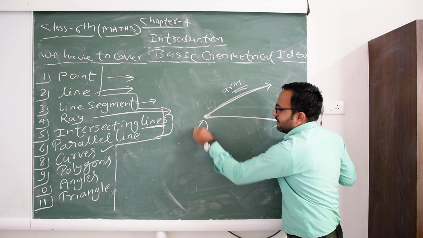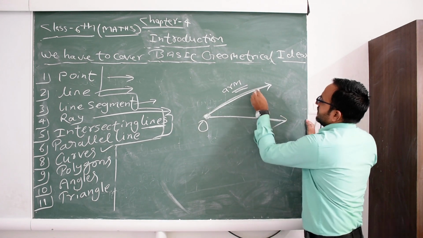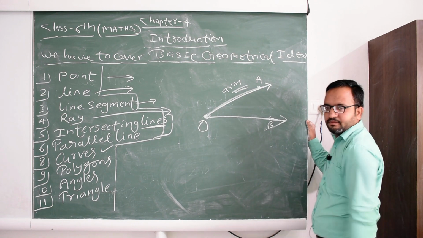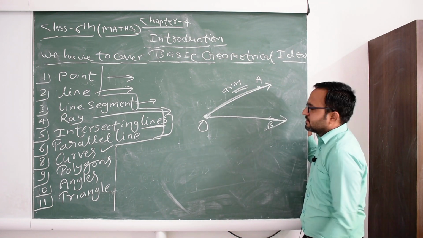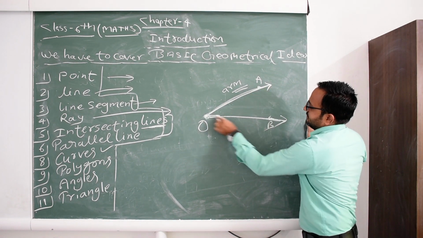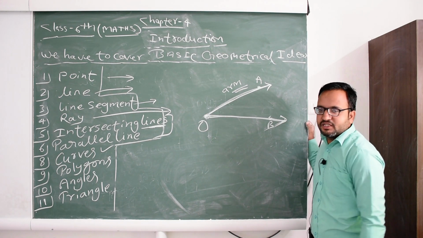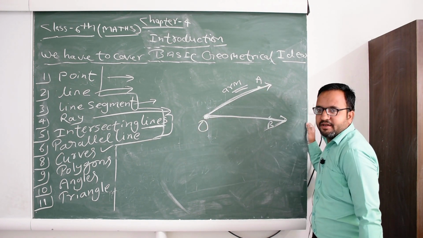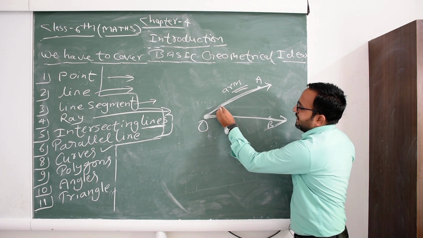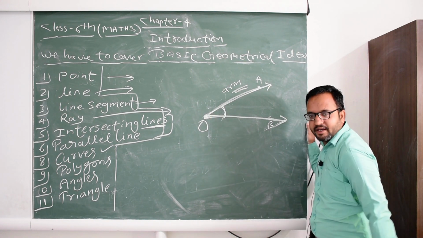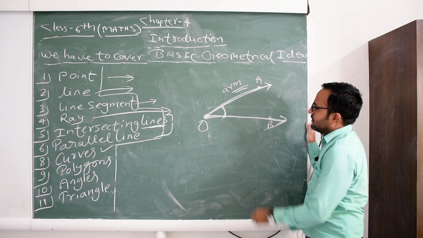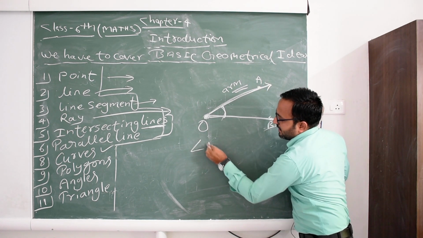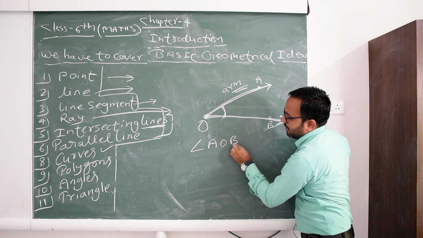We call that point O, and this is called A and this is called B. If these two rays meet at one common point, we call it an angle. So the naming will be AOB, we call it angle AOB.